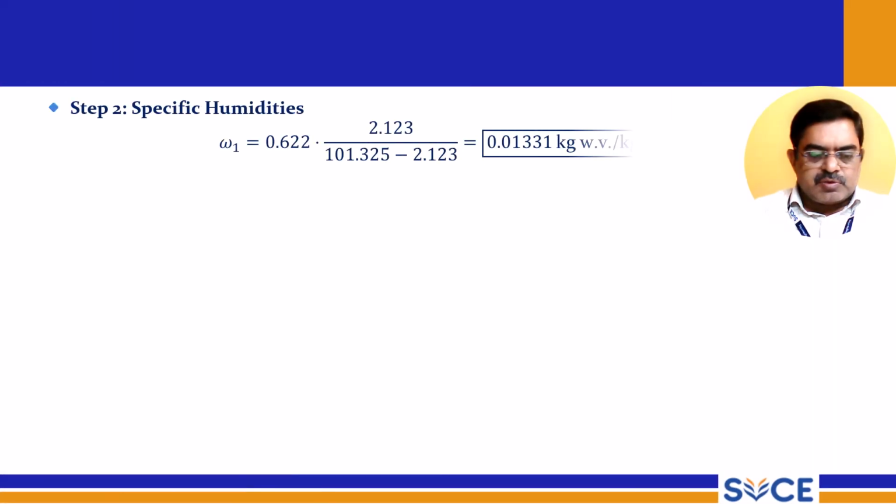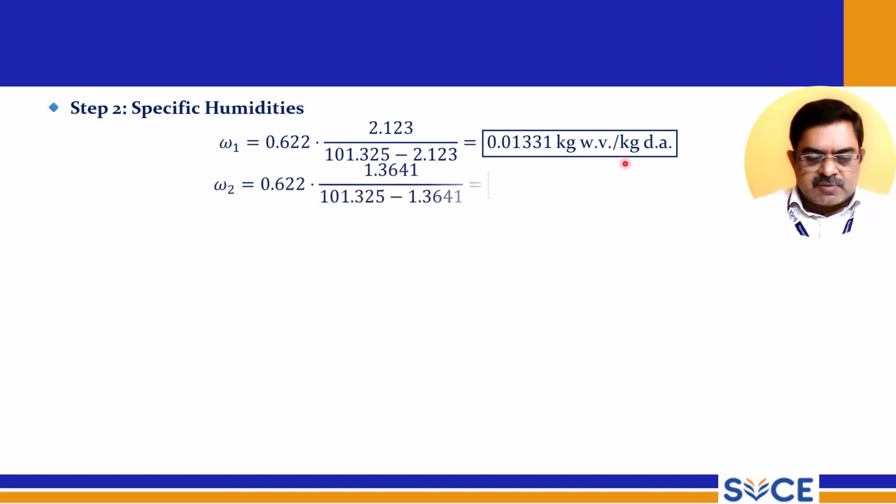And then step 2, we have to find the specific humidities. From this equation, which we already know, omega 1 equals 0.622 into 2.123 divided by 101.325 minus 2.123, so that is 0.01331 kg of water vapor per kg of dry air.